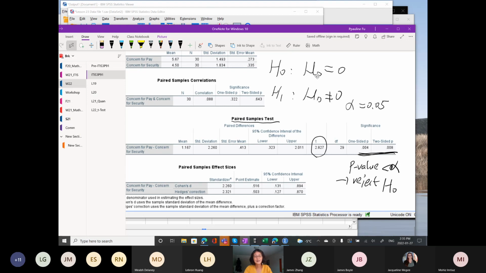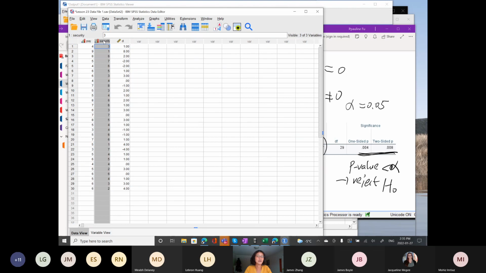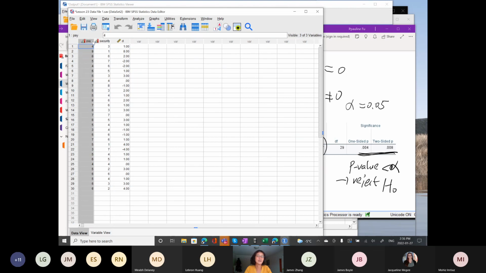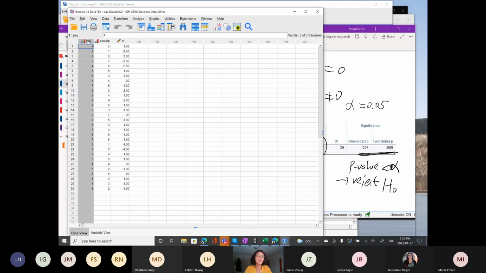If the mean difference for the population equals 0, that means the rating for pay is not different from security, or they are similar or the same. No significant difference between those two variables. That is our hypothesis for the whole population.